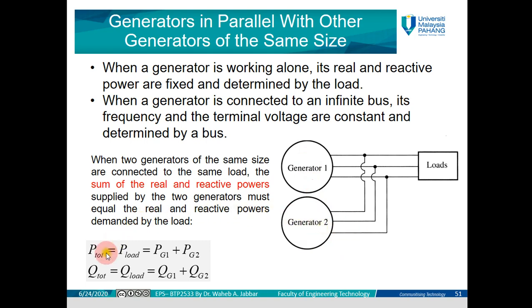We can see here that the total load power will be divided between the power of generator 1 plus the power of generator 2. So the load will control the power taken from each generator. When we say loads, we mean the loads that we connect to the generator, like lights, motors, bridges, any other equipment, or for example factory machines and processes connected to the generator.